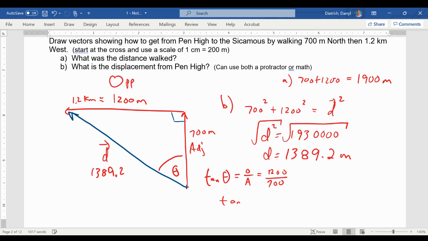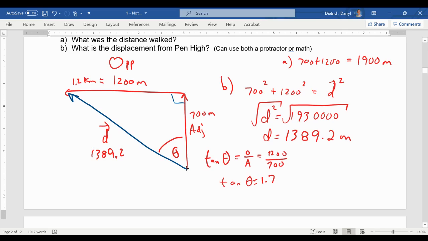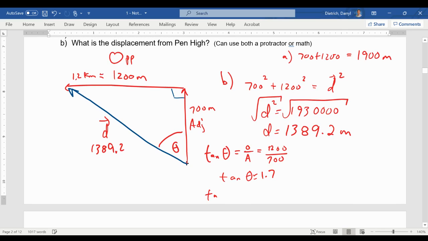So we'll find that tangent theta is equal to 1.7. Then if we do the inverse tan of both sides, the inverse tangent sort of undoes the tangent that's attached to theta. So using our calculator, if we do the inverse tan of 1.7, we should find that our angle is, and I'm going to round it from 59.7 to 60 degrees.